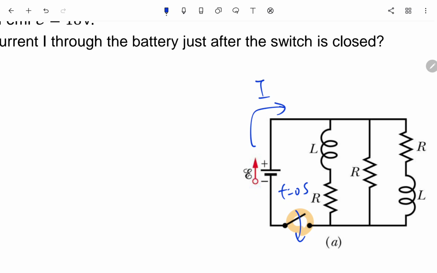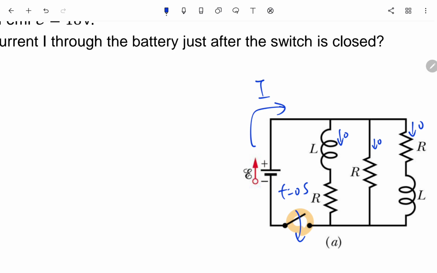It is an easy question, because we won't have any current. The current going through will be zero. Okay, so just after the switch is closed, what will be the current?